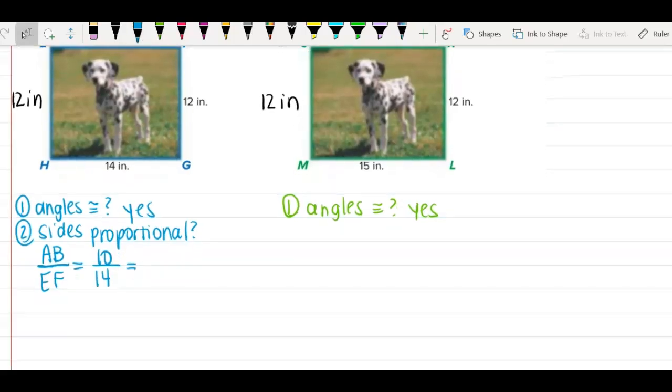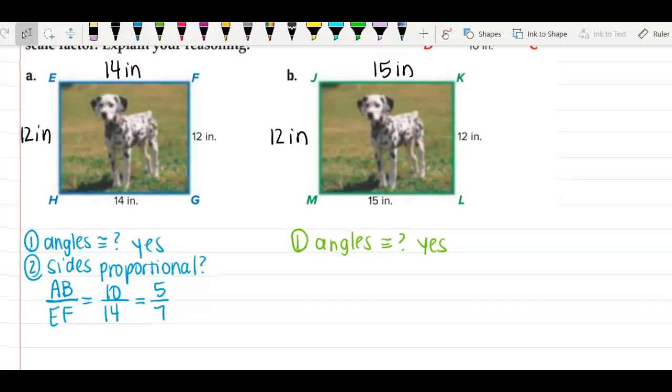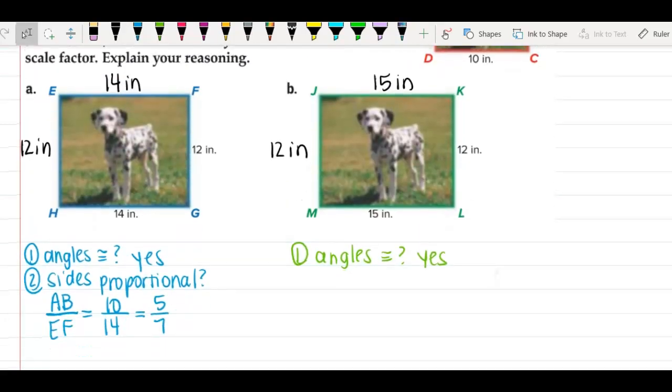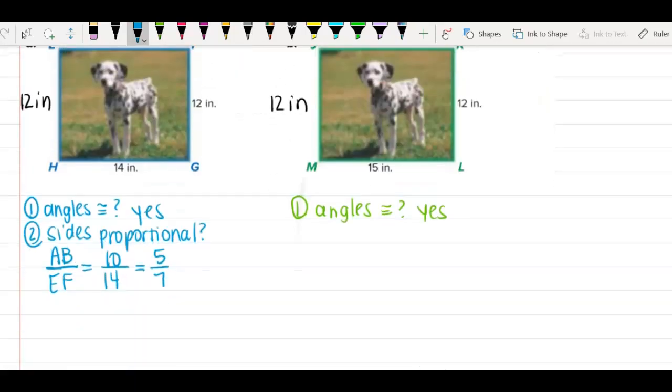If we simplify this, we could take a 2 out, so 5 over 7. If these are proportional, my next ratio should work out the same way. Remember, I said the red one over the blue one.